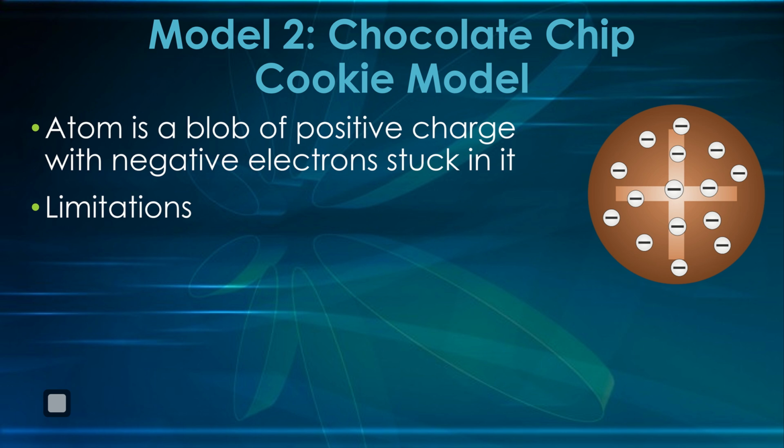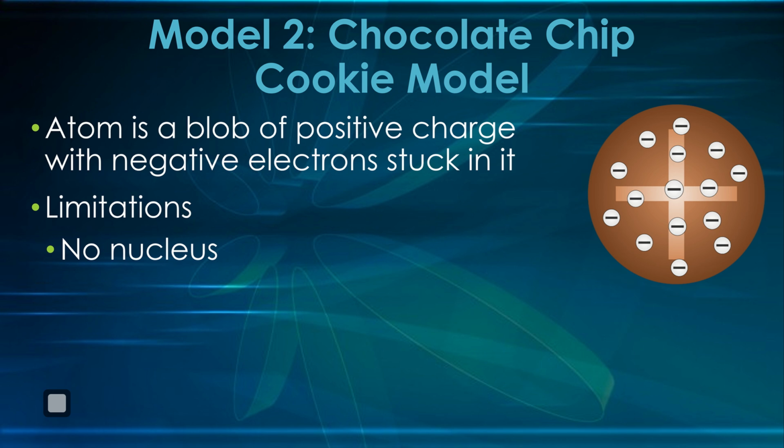So at least we are getting to our first subatomic particle being introduced, the electron, within this kind of positive soup, but again we'll use dough, whatever you want to say. So limitations: there's no nucleus to this atom. There's no center to it.